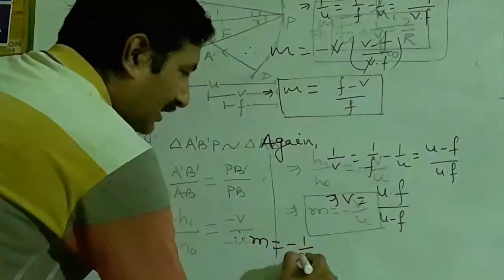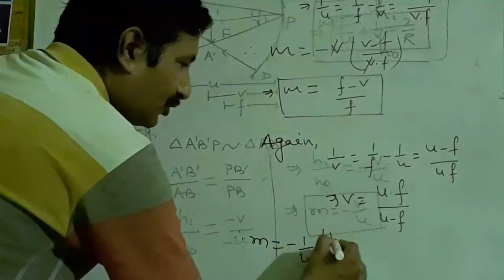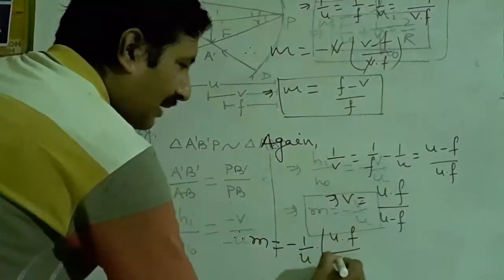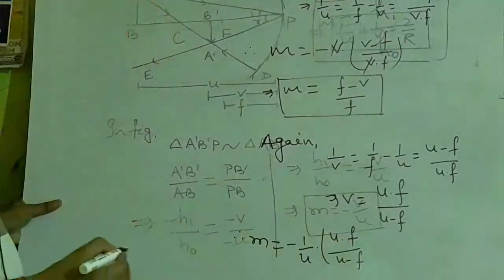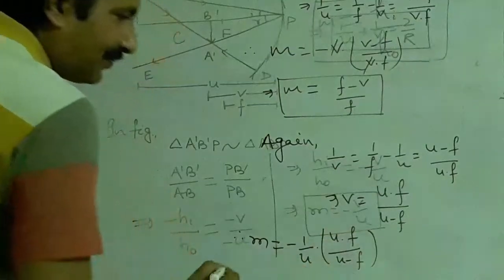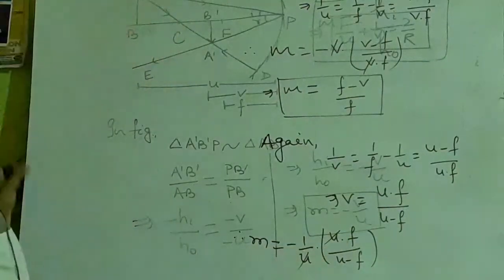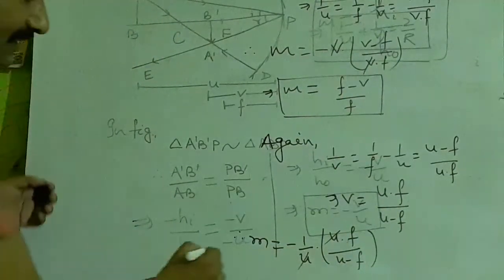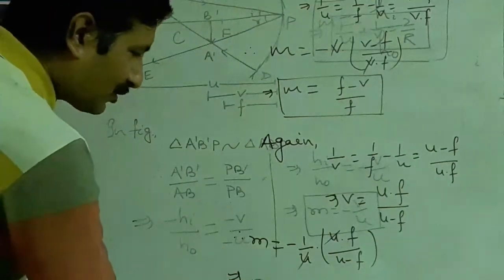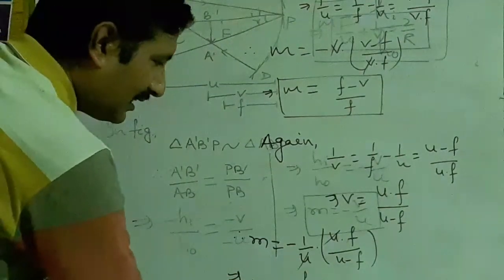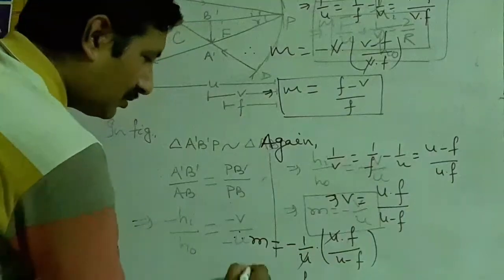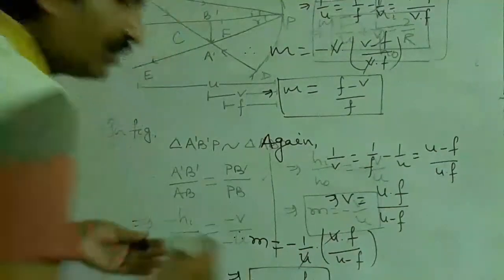So minus 1 by u, and in place of v you can write uf by u minus f. You see these u will be cancelled out, and ultimately m is equal to f by f minus u.